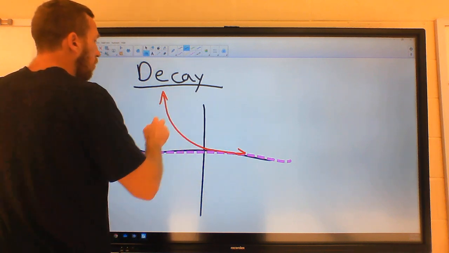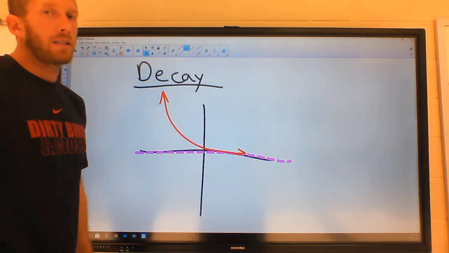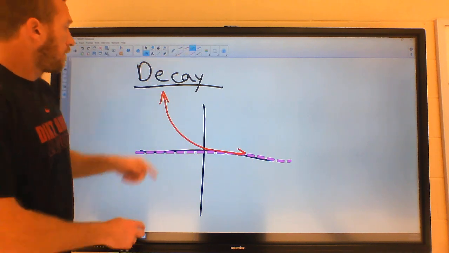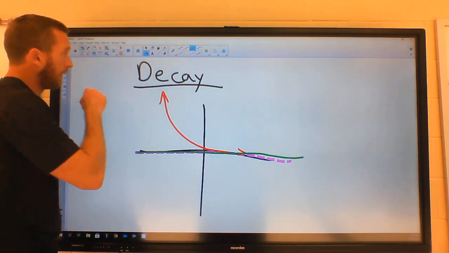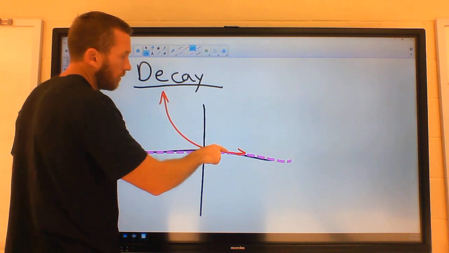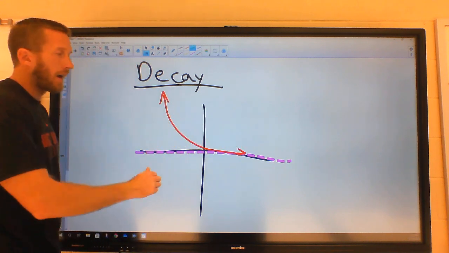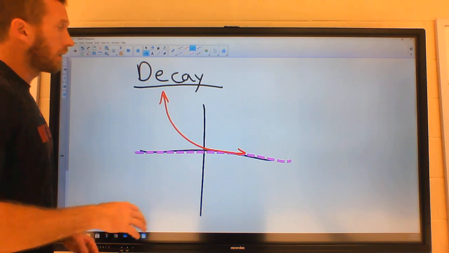Over time, our function decays into the asymptote, meaning as we go to the right, our function's height dissipates into no distance away from our asymptote. It gets really, really close to touching it. It never touches it, but it gets close to it.